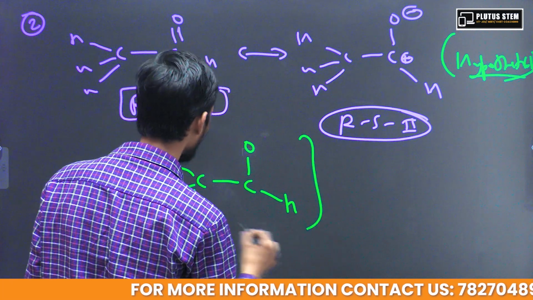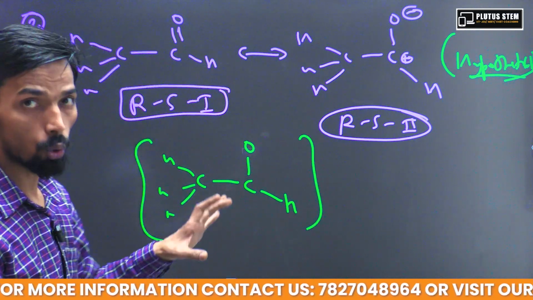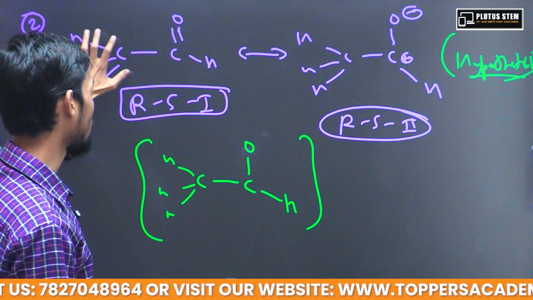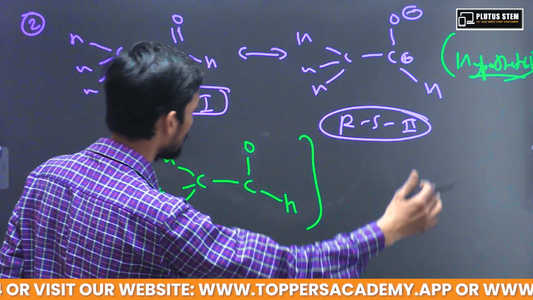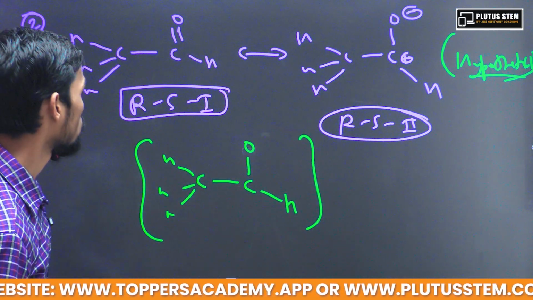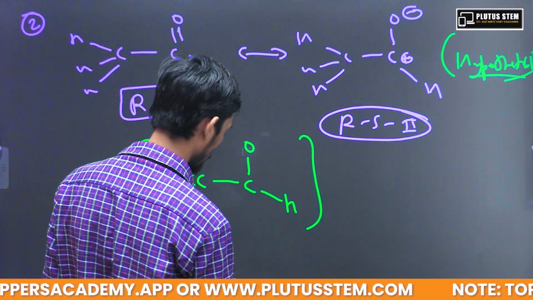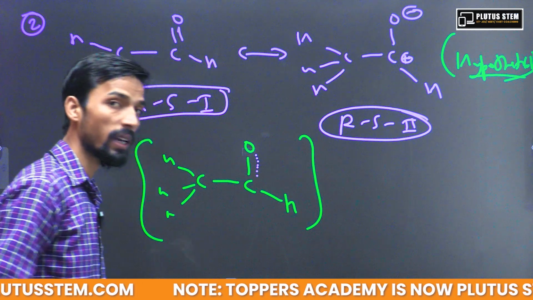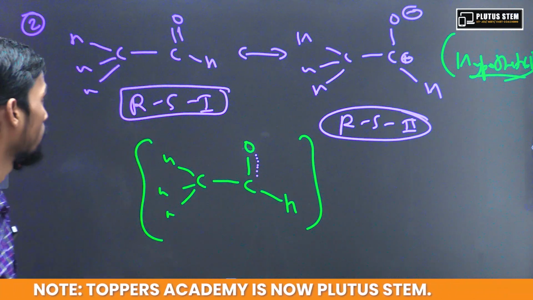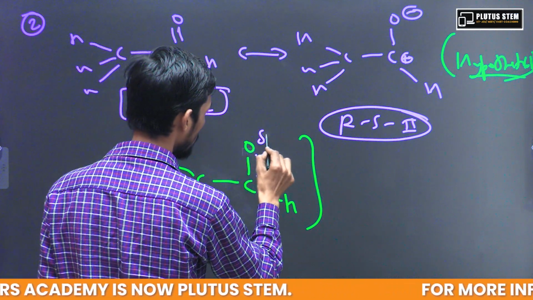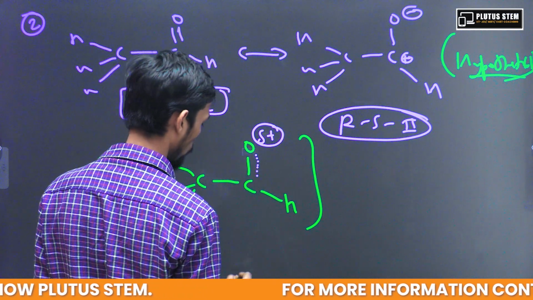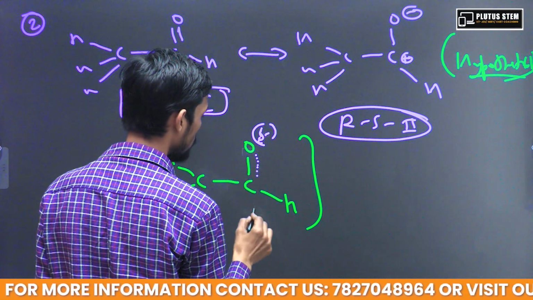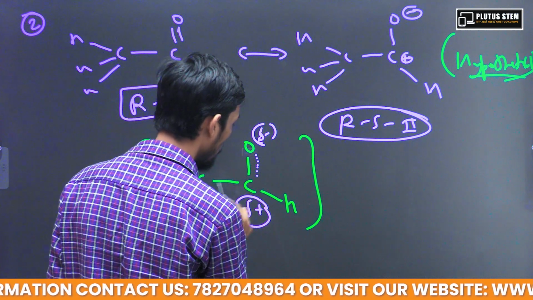While drawing a resonance hybrid, you have to keep intact all the bonds which are not moving. So this CH3 is intact in all these resonance structures, and this bond. The only movement takes place over here. That is represented by the dotted line, and the atoms are termed as partial negative charge and partial positive charge.